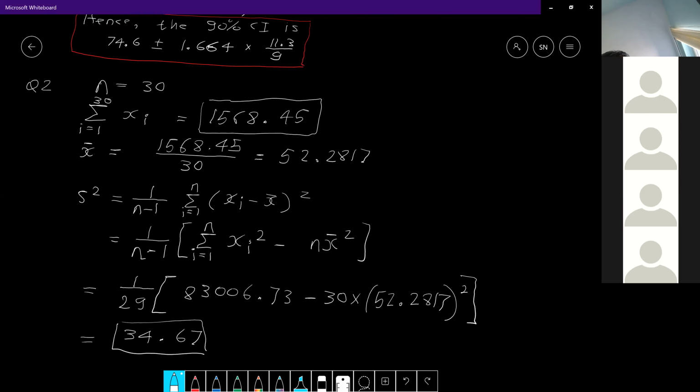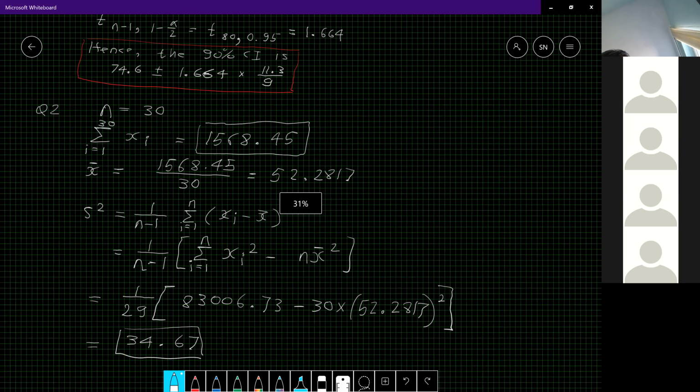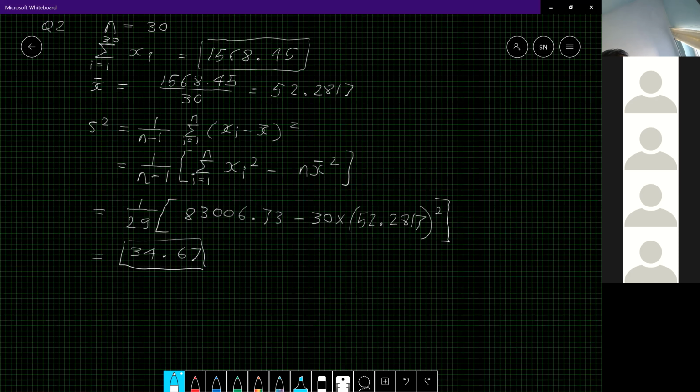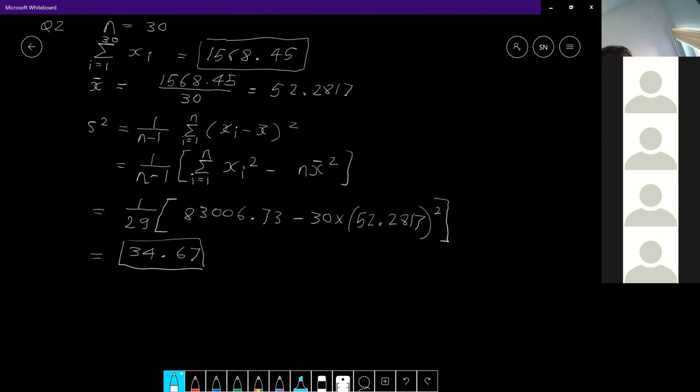There are two parts to this question number 2. The first part is part A. Part A is asking you for a 95% confidence interval, assuming that the population variance is known and equal to 30. So we're assuming that sigma squared, the population variance, is equal to 30.